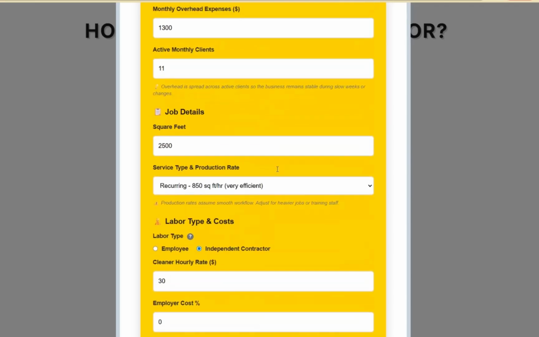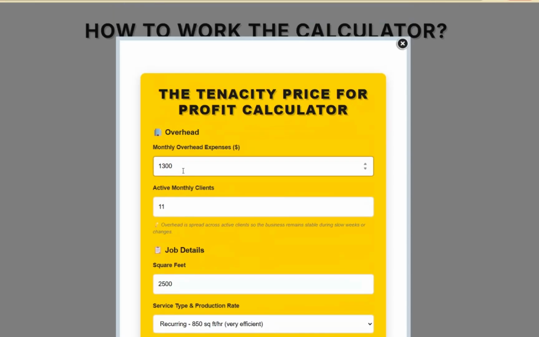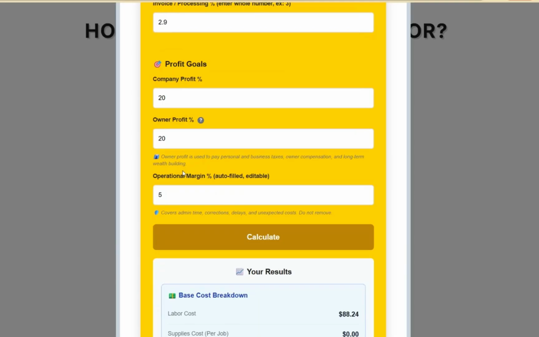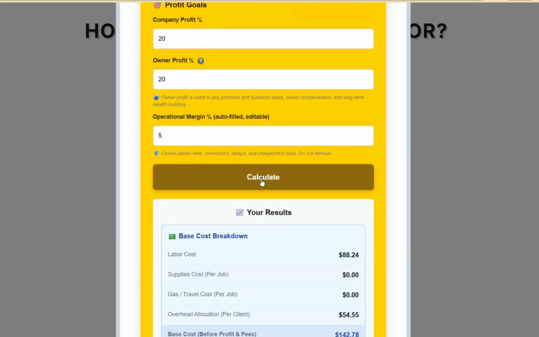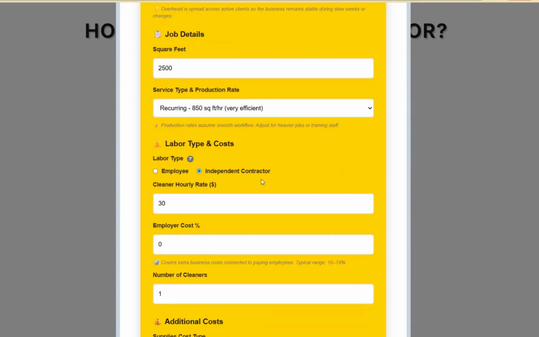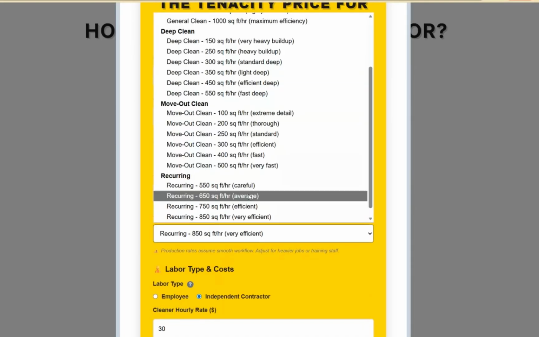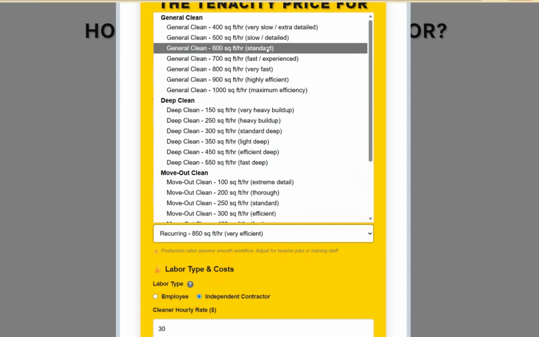Okay? So let's do another example here. Let's say, because this is a pretty high overhead, let's bring this overhead down a little bit. Let's bring this overhead to $600. All right? And let's do the same example with a company that has an overhead of $600. Let's say that we are doing a general clean, standard.